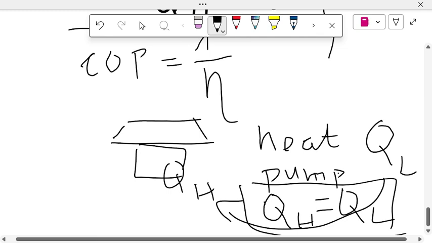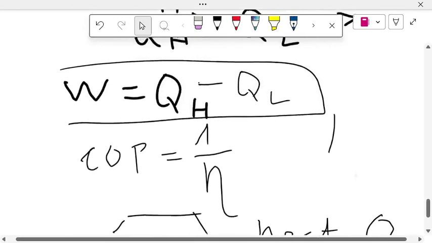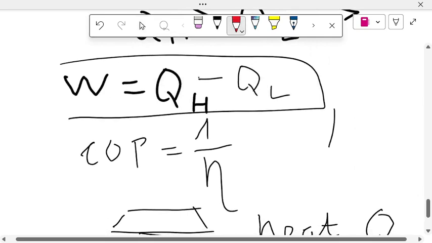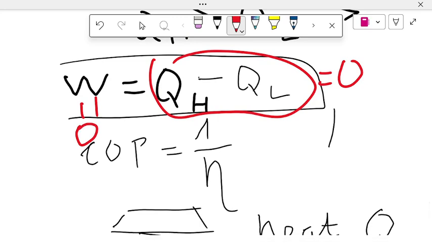So in that situation, this is 0. So the work done is 0. So it does not make sense, this.